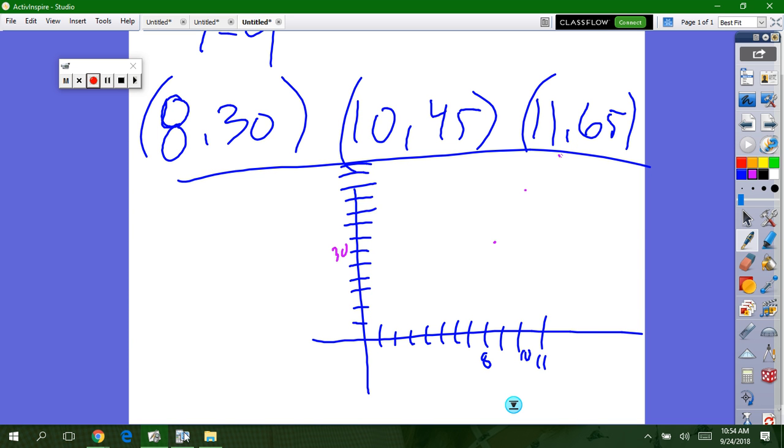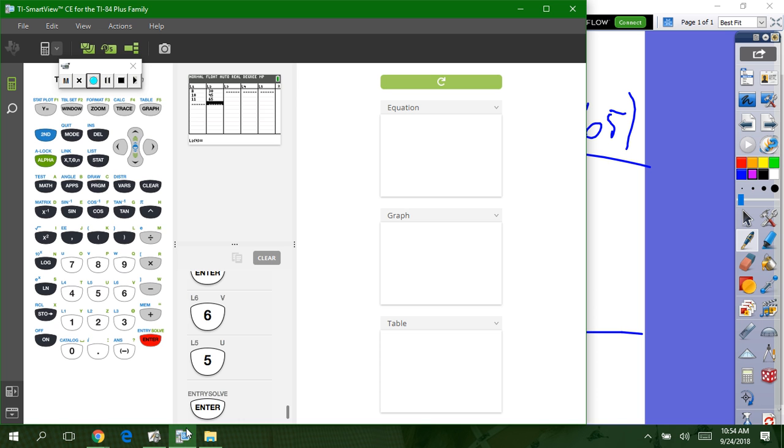So we're going to go ahead and hit our graph here. We've already put our information in. Everybody hit second quit and go ahead and do that. That's your main screen. Make sure everybody's on the same spot. We're going to make sure our diagnostics are on, meaning we can have our correlation. So I'd like everybody to hit the second 0 button, which is our catalog.